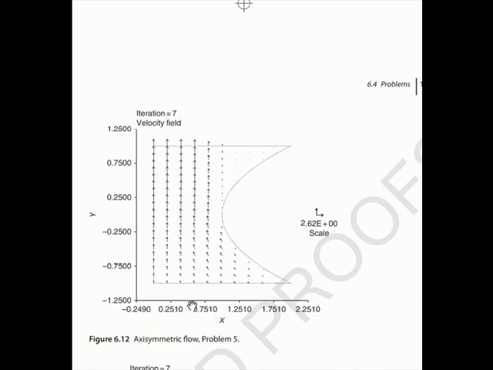Here x is r and y is z. So basically this is r equals 0. So if you rotate this around the r equals 0 axis, it's kind of a notched cylinder with a circular notch here, so it's basically a 3D problem, but it's reduced to a 2D problem by axisymmetry, and that makes it a whole lot easier.